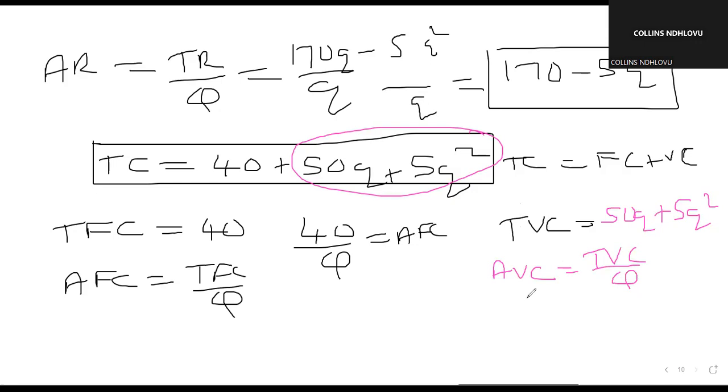So here we're going to have what? 50Q plus 5Q squared divided by Q throughout. So what do we get here? Final answer becomes what? 50 plus 5Q.